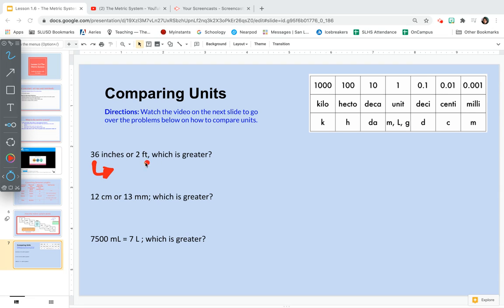You might be able to do that in your head. In case you cannot, let's walk through this one together. So I know that in 1 foot, there are 12 inches. So therefore, if I take 36 inches divided by 12, it will let me know how many feet that is.